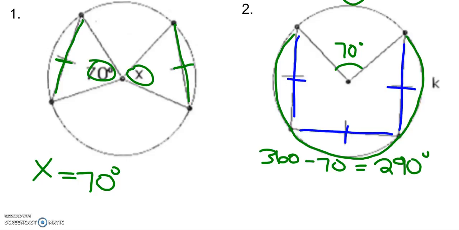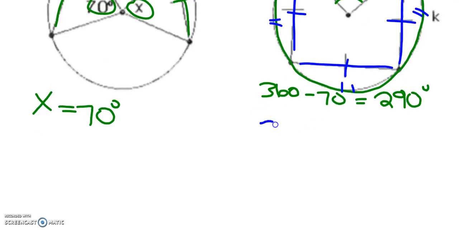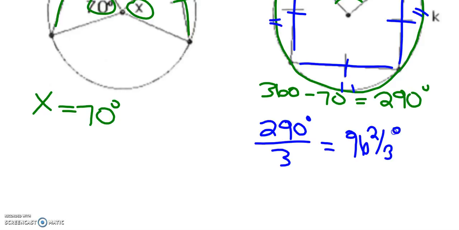So then we know that these arcs are also congruent to each other. Okay, so we can just divide this by 3 because we have 3 pieces right here. So 290 degrees divided by 3, which will give us 96 2/3 degrees for each of those arcs.